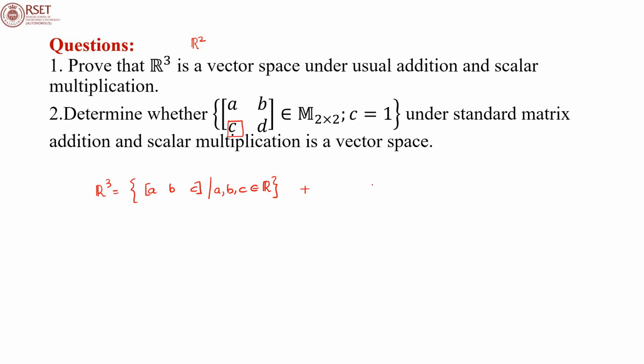That is, here an element will always be of the form A, B, 1, D. Another element will be of the form E, F, 1, H. So you are asked to prove or disprove that the given set is a vector space. These two problems you can try to work out by yourself. Thank you.